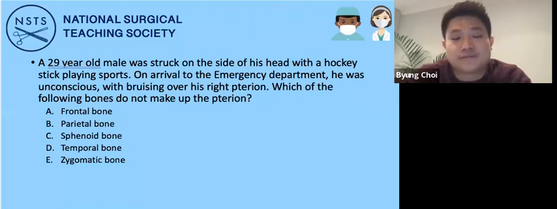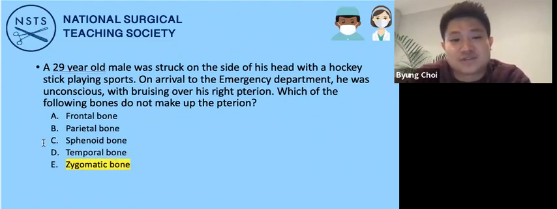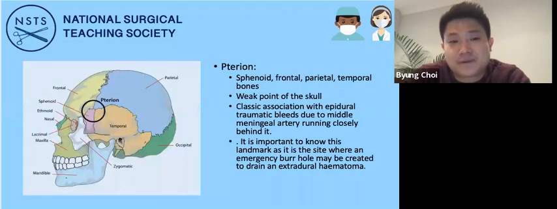Okay, so moving on, the answer to this question would be E, the zygomatic bone. As we see from the lateral view of the skull, the pterion is a key anatomical landmark, which comes up quite a lot in exams, either as an anatomy question or as part of the neurosurgical questions.